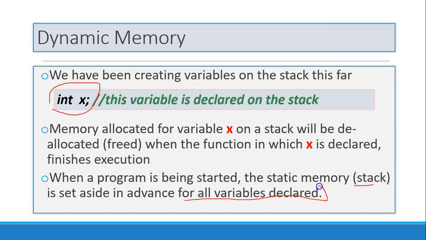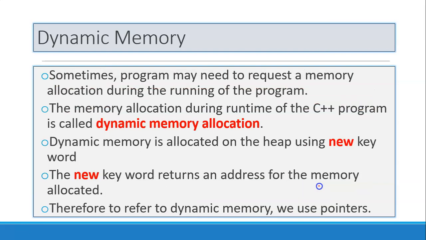If the program is actually using the static memory, the memory of a stack, that's it. But sometimes we may need to request memory during the runtime of the program. We may not know how much memory we need.